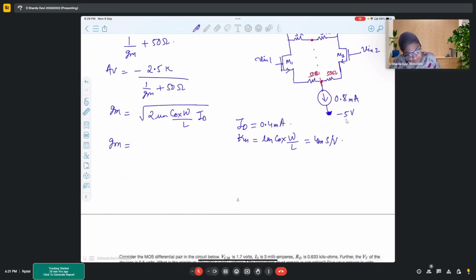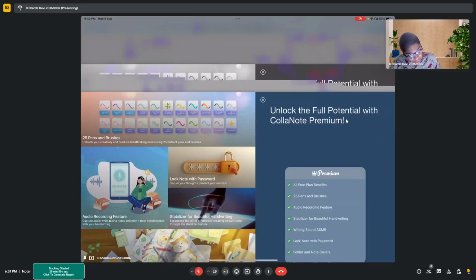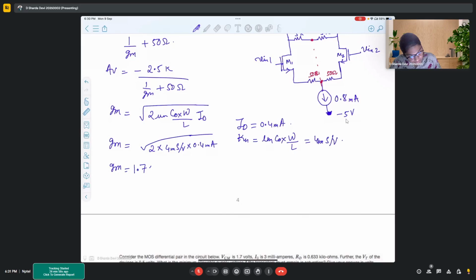So the gm will be root under 2 into 4 into 0.4. So gm comes out to be 1.789 milliamperes per volt.